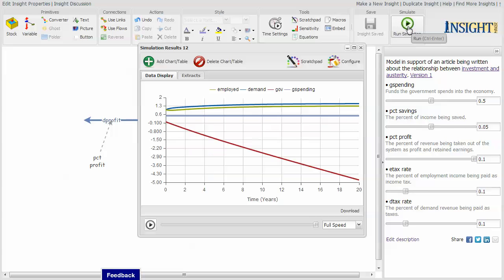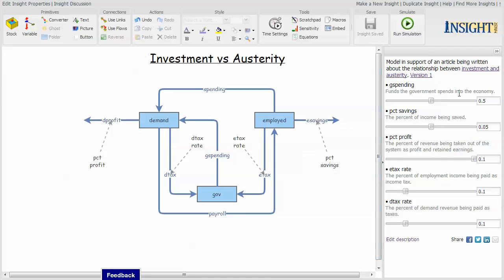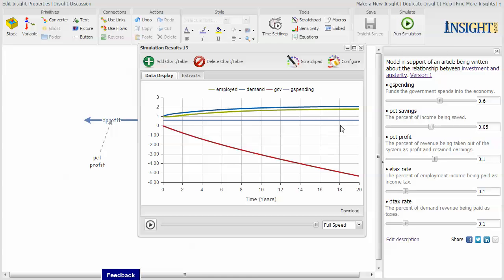At this rate it is growing, but the economy is still not growing substantially. I think this is 0.1.